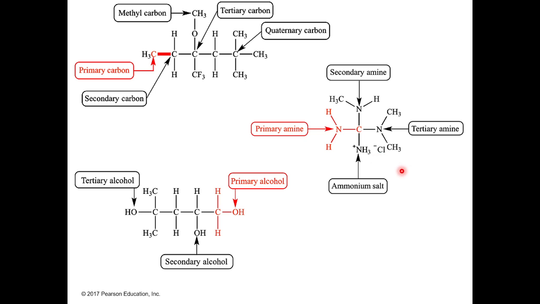Or you can have an ammonium salt that has 4 carbons attached to it. In every case, it's a salt. It's going to come with an anion that's associated with it, right? By the way, this is very, very, very common in medicines.